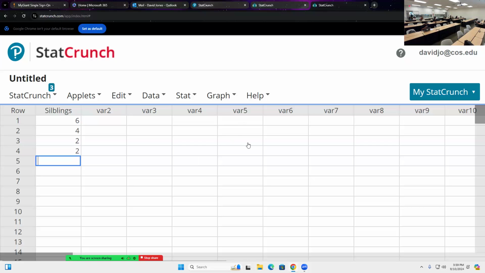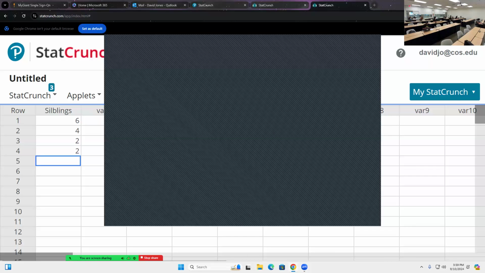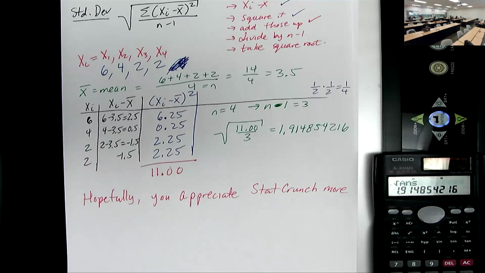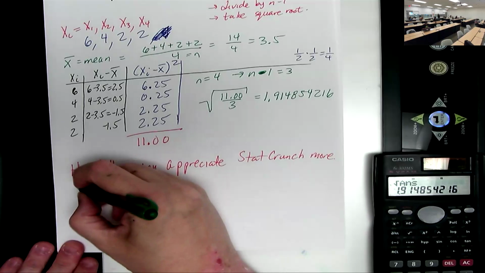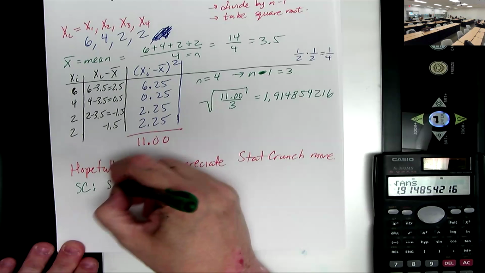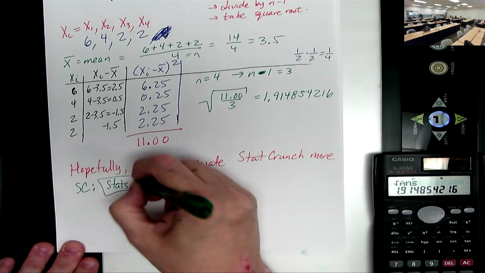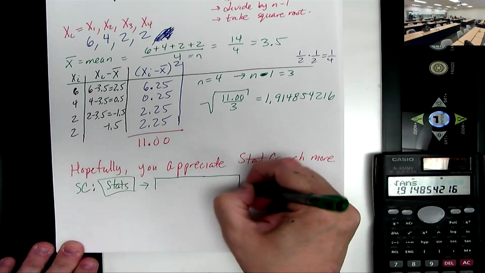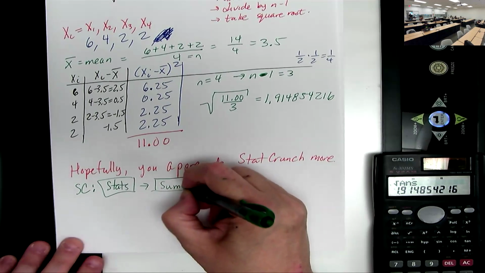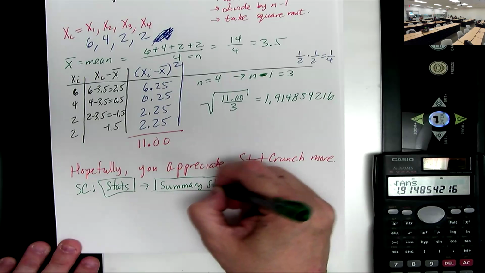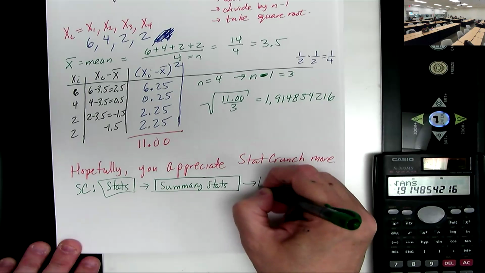Let me switch over to the paper and write down what I was doing real quick for you guys. In StatCrunch, we did stats, summary stats, columns.